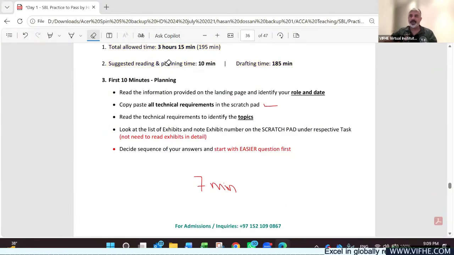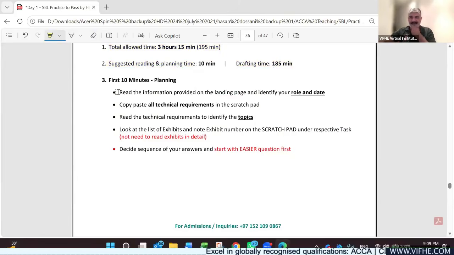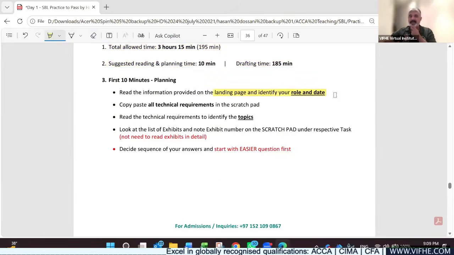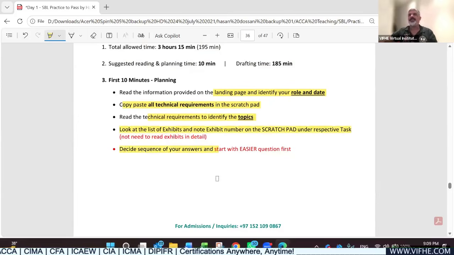I'm going really slow because this is really important: you will read the landing page. You will copy paste the technical requirement on the scratch pad. Then you will read the technical requirement to identify the topic. You will mention the exhibit number against the task, and then you will decide the sequence of your answer.